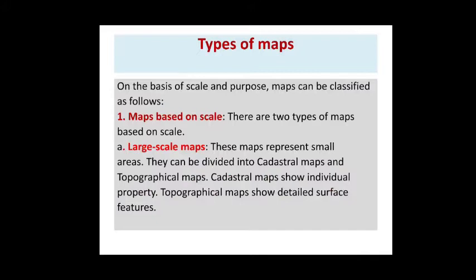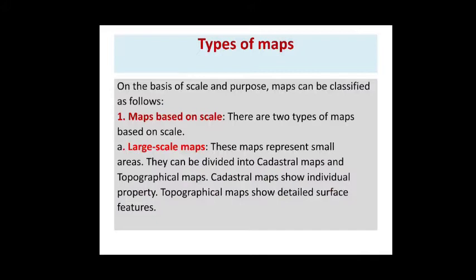A diagrammatic representation of the whole earth or a part of it on a flat surface according to a scale is called a map. The science and art of map making is known as cartography.